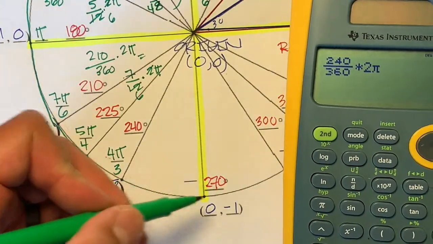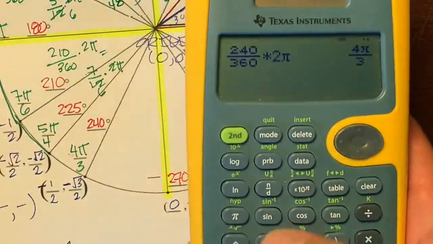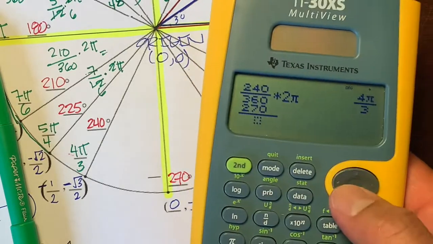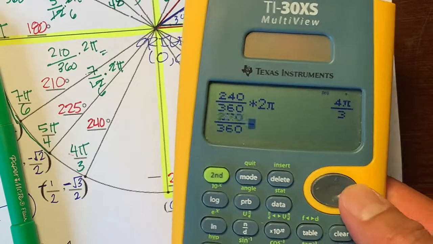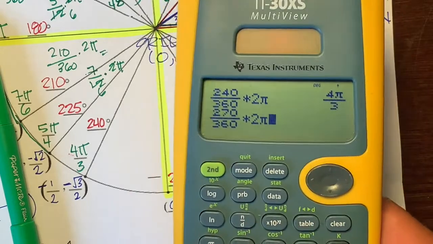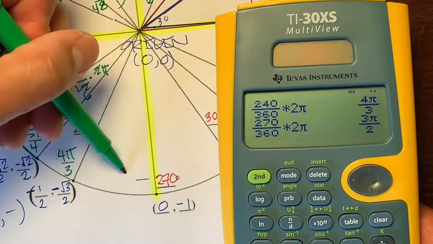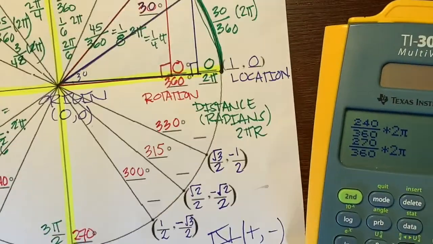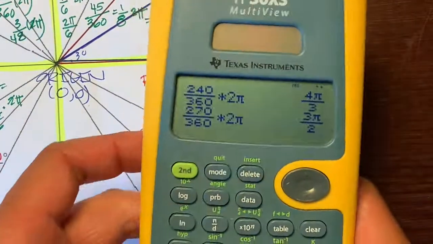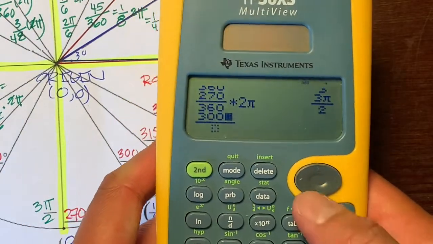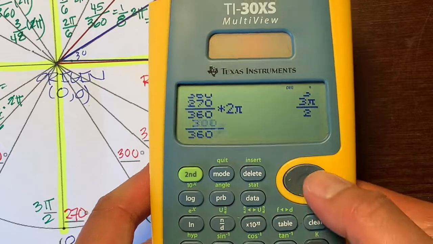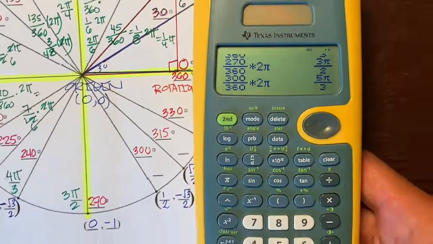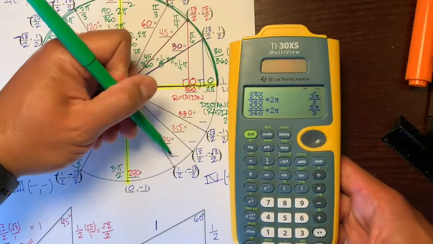Okay, so we have 4 pi over 3 over here. We'll do the fraction button again. So 270 out of 360 times 2 pi, which is 3 pi over 2. This 300, okay, 300 over 360 times 2 pi is 5 pi over 3.